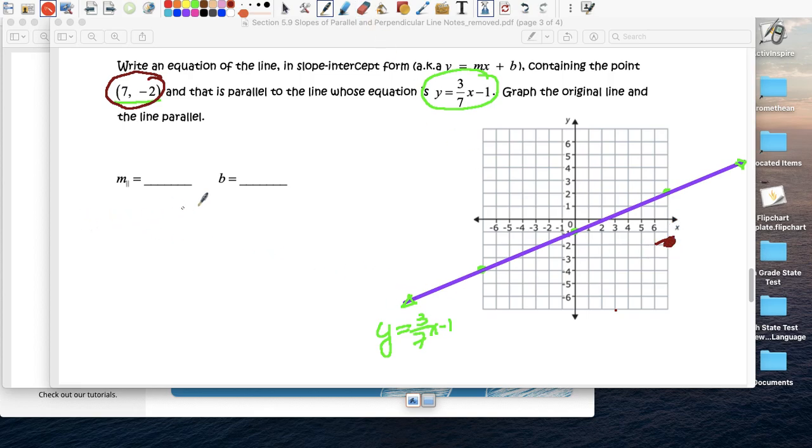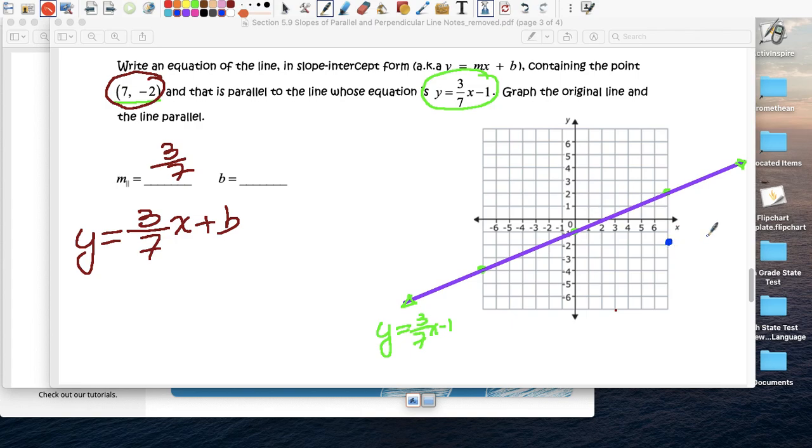So let's start writing. y equals, this new line. What's the slope of this new line? Well, because they're parallel, they share the slope. It's going to be 3/7 x plus b. I don't know what b is. Well, I know what the slope is. Let me fill that in. Let's use a point, and the only point on this new line that I know is this point right here.